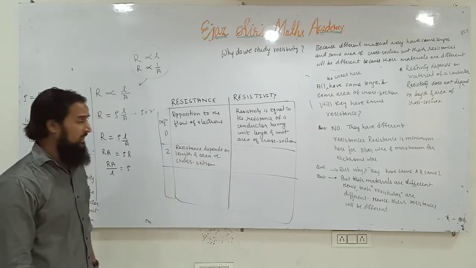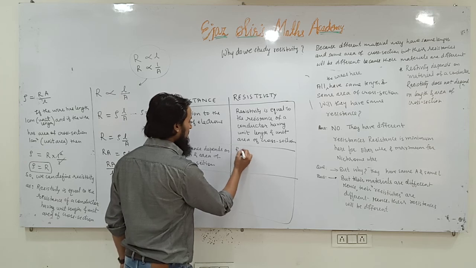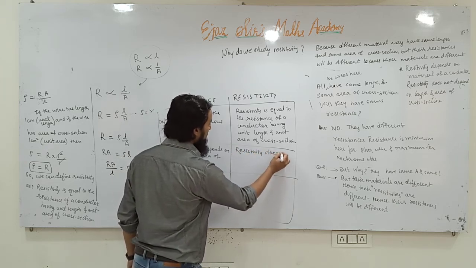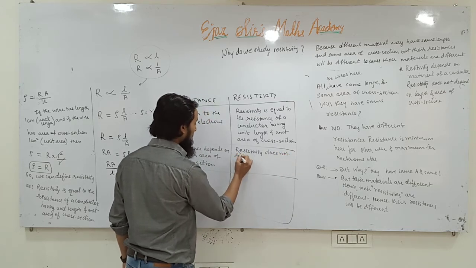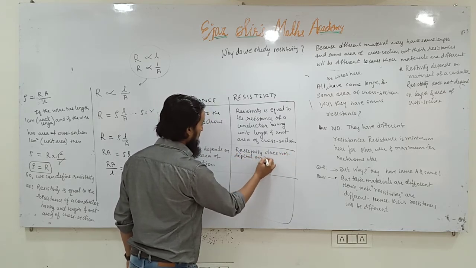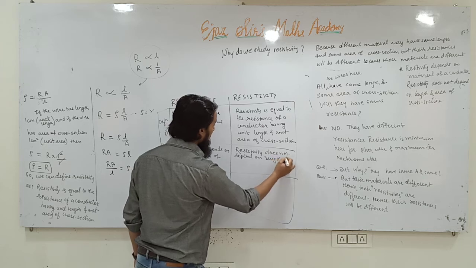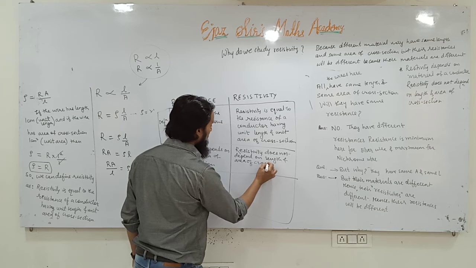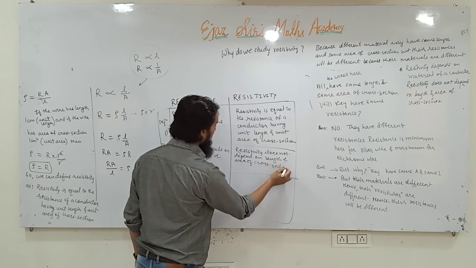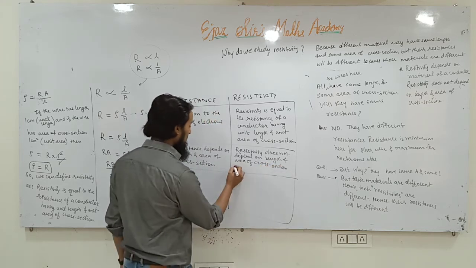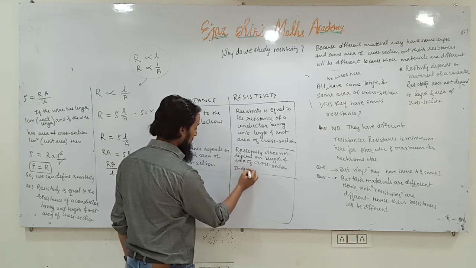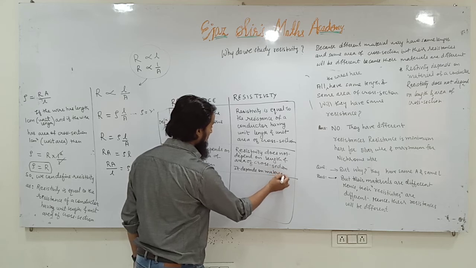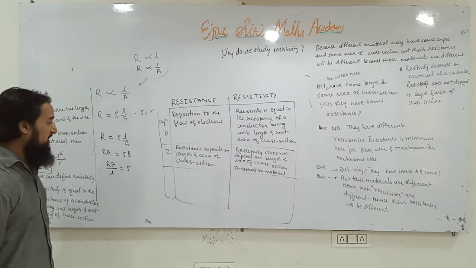Resistivity does not depend on length and area of cross section. It depends on the material of the conductor. Understood? It depends on the material of the conductor.